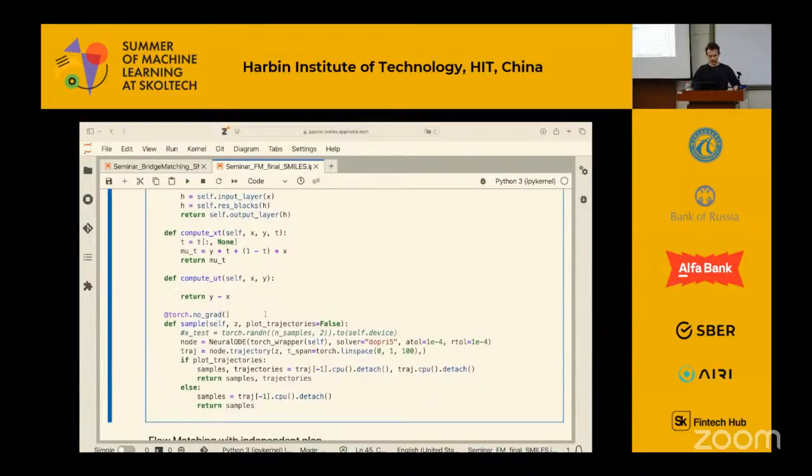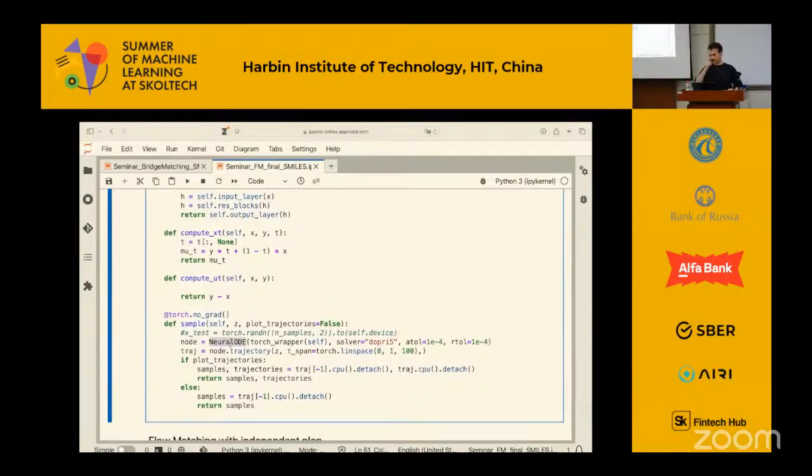Okay. So next we want to sample from our learned flow matching. Remember that what we learn here is a vector field of an ordinary differential equation. And how do we solve our ordinary differential equation numerically? Again, by numerical solvers like Euler, Runge-Kutta, or DOPRI5 as here.